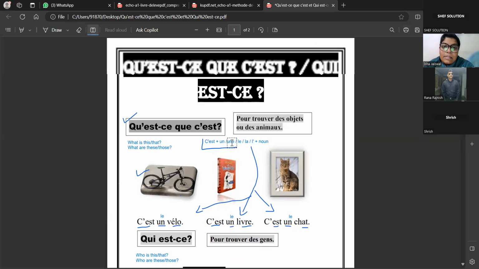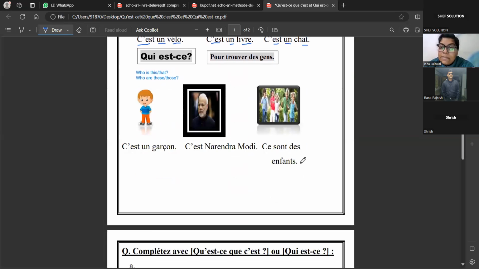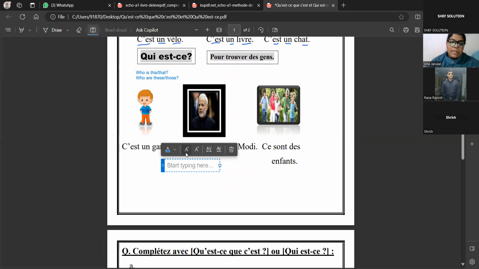Now, this thing I told you is only for singular sentences. If there's a plural sentence, then instead of writing c'est, we will write ce sont plus des or les and then the noun with an S. Only that's the change.